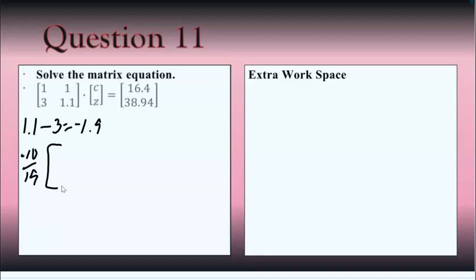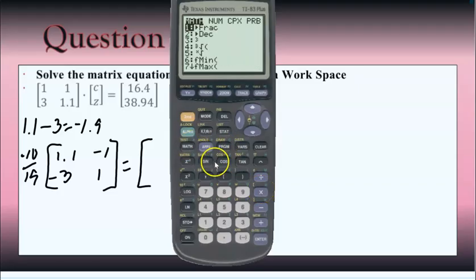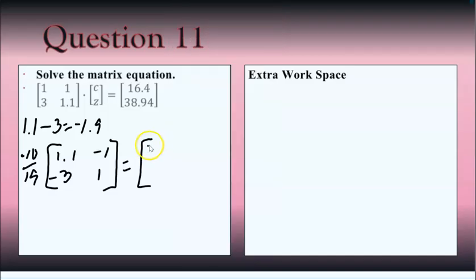And then we have to rewrite this first matrix. So this would be 1.1, this is -1, -3, and then 1. And then we just multiply all of those. So -10/19 times 1.1. So we multiply this by 1.1 as a fraction. Gives us -11/19. -10/19 times -1 is just 10/19.